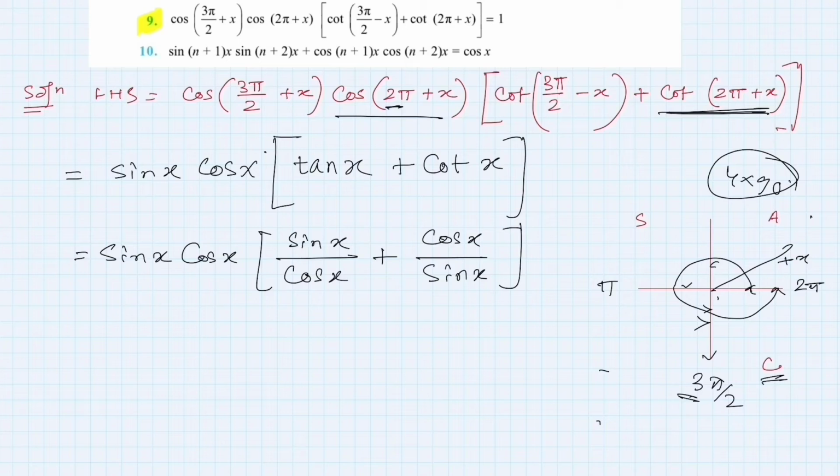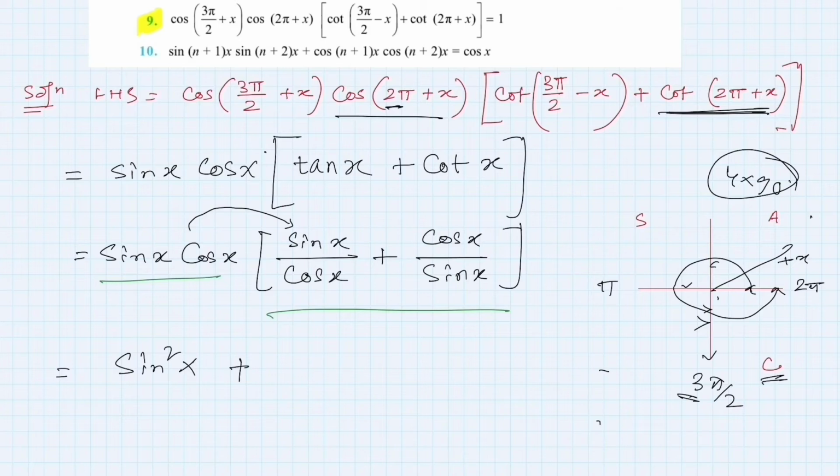Okay, so if you multiply these two, then what will you get? If you multiply this one with this, then cos will be cancelled. We are going to have sin² x.